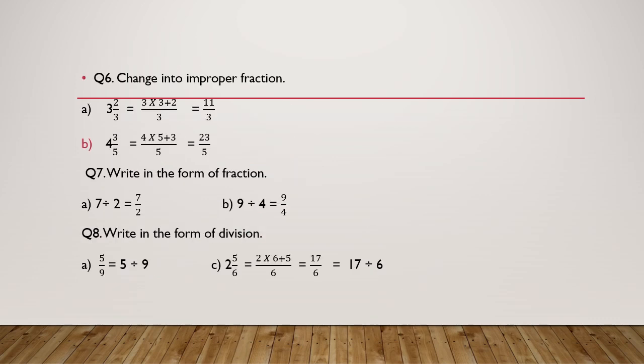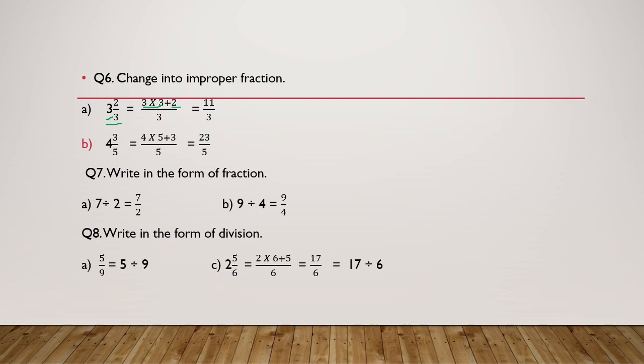Now question number 6 is change into improper fraction. Now here a mixed fraction is given to you and you have to change it into improper fraction. Now how you will convert a mixed fraction into improper fraction? See, you have to multiply this integral part by the denominator. This is 3 multiplied by 3 and then you add the numerator.